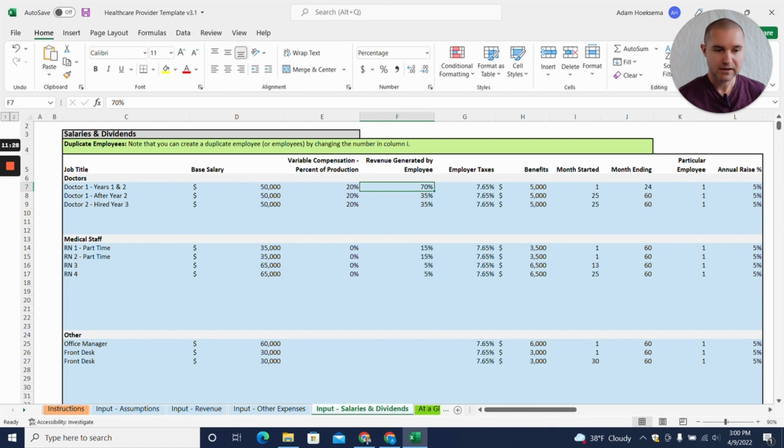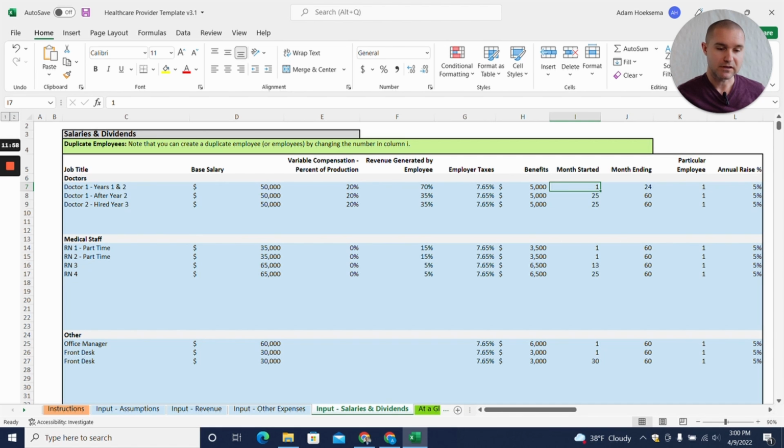Well, that could be because there are other revenue sources that are not directly tied. So it could be maybe lab services or pharmacy, that sort of thing. Other revenue that maybe isn't directly tied to your labor. But maybe it is 100%. You could put 100% in there and you get 20% of the whole pie.